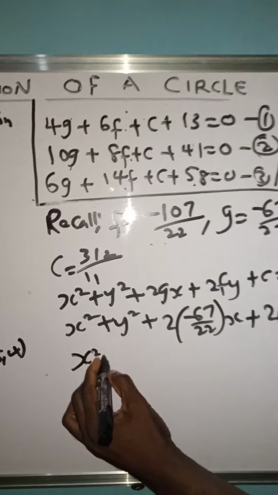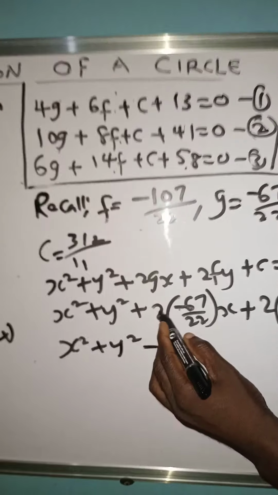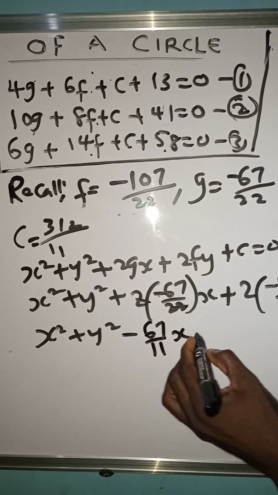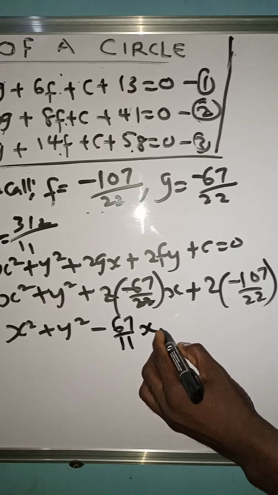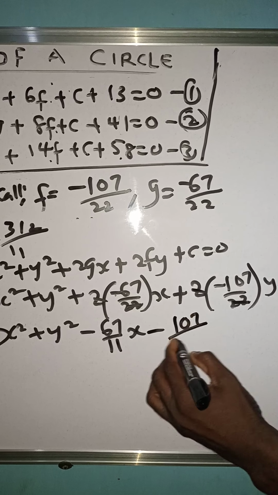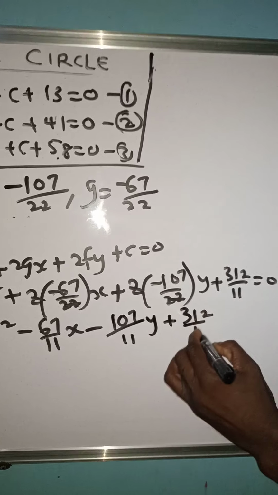So x squared plus y squared minus, 2 here 11, that's 67 over 11 x, minus 2 here 11, that's 107 over 11 y, plus 312 over 11 is equal to 0.